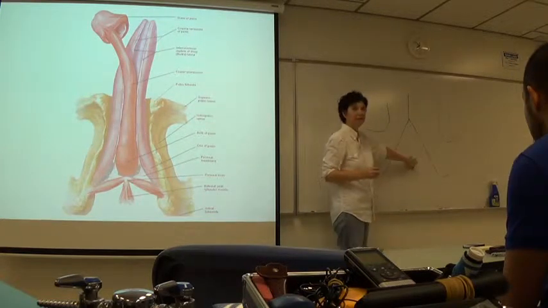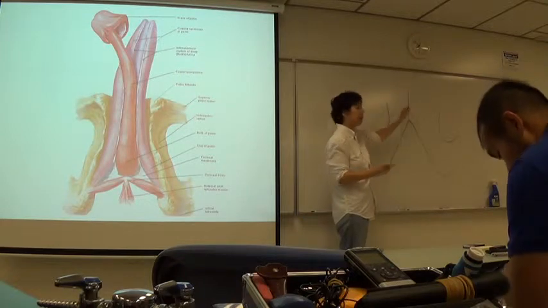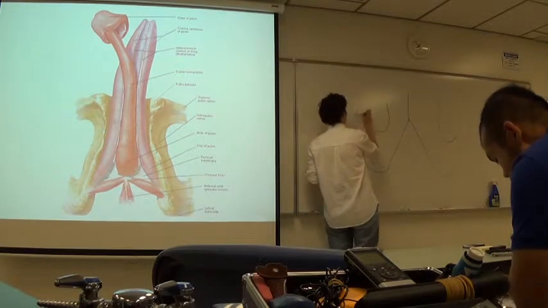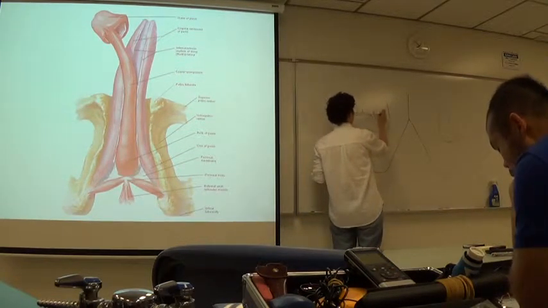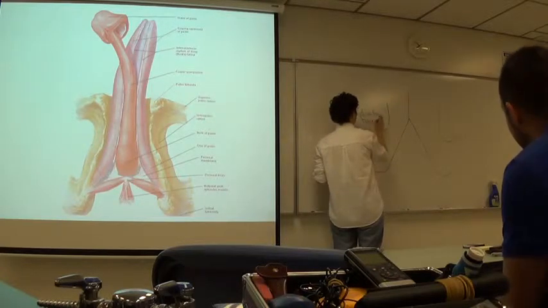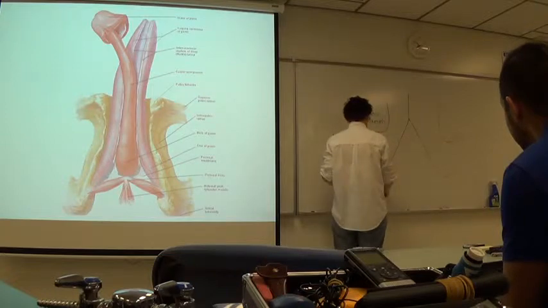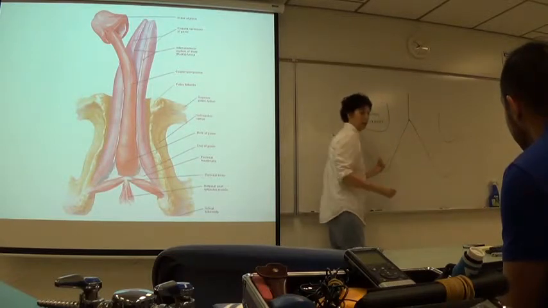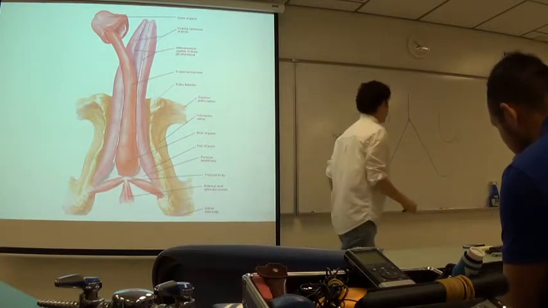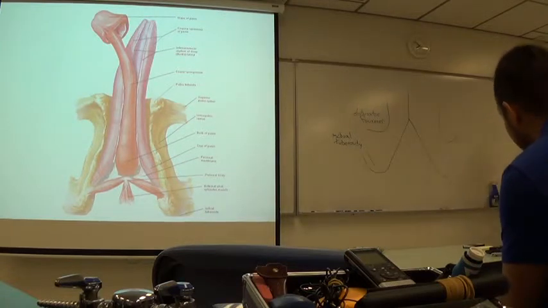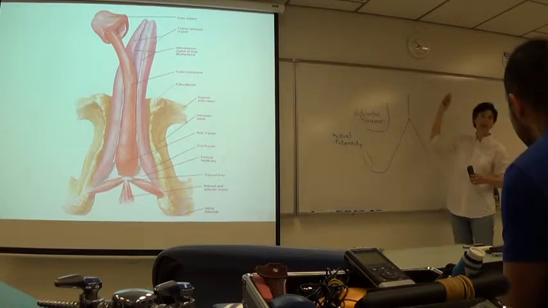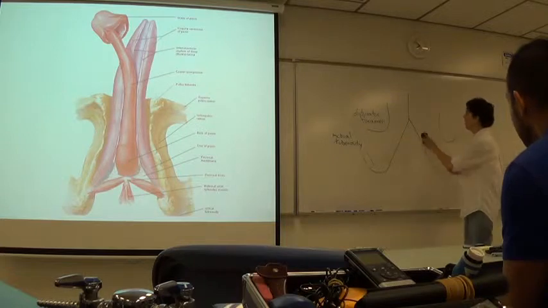Pubic angle, all right, pubic symphysis, obturator foramen. So we're going to diagram this as if the penis was erect, so that it's not this way but up this way, and we can see its ventral surface.